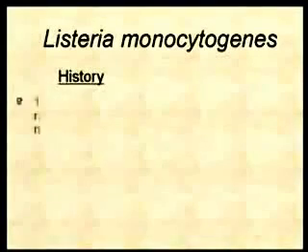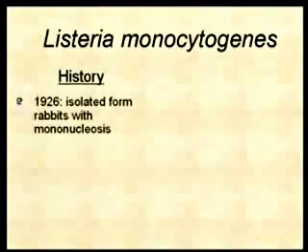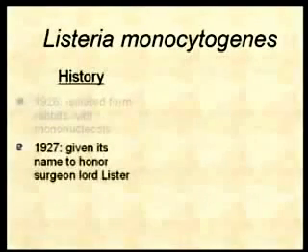It was discovered from a rabbit, isolated from a rabbit with monocytosis, mononucleosis. In 1927 it was given its name to honor Lord Lister. Listerine, Lister, Listeria, same root. Lord Lister was a surgeon, very interested in sterile conditions and in organisms.